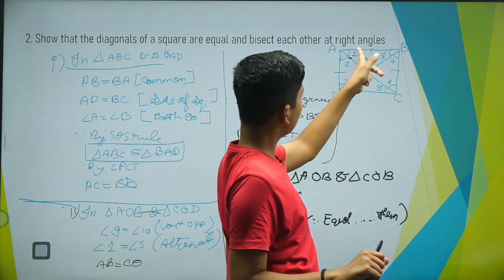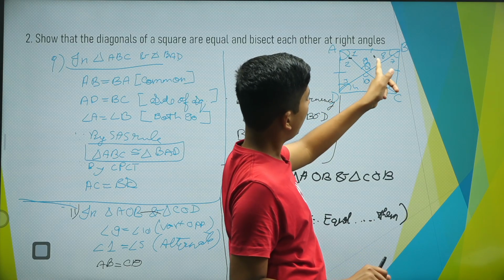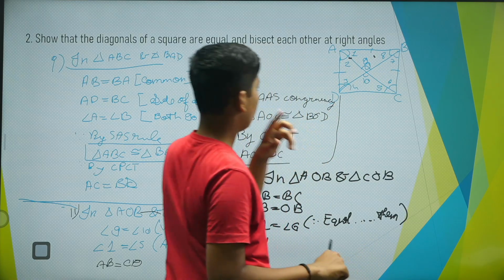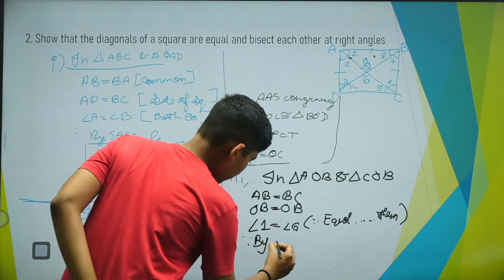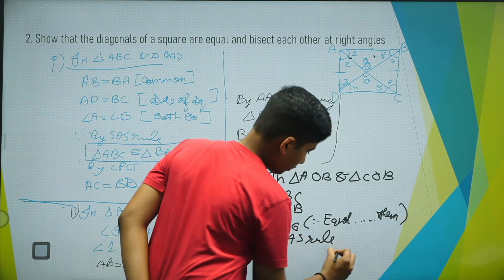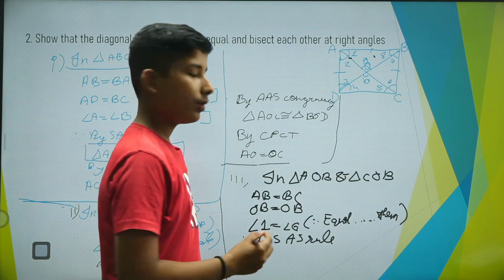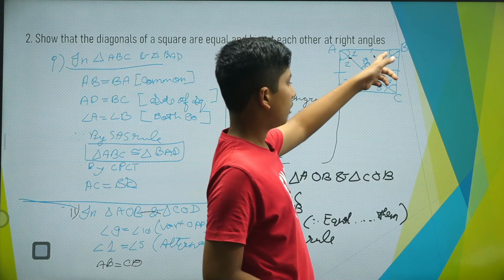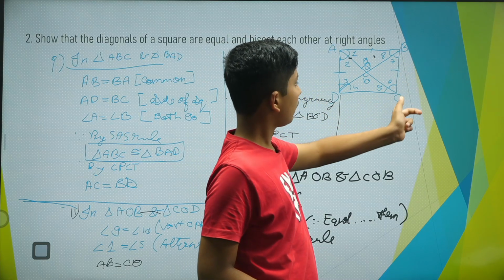Firstly angle, then side, and this one side, angle side. By SAS rule, triangle ABO is congruent to CBO.